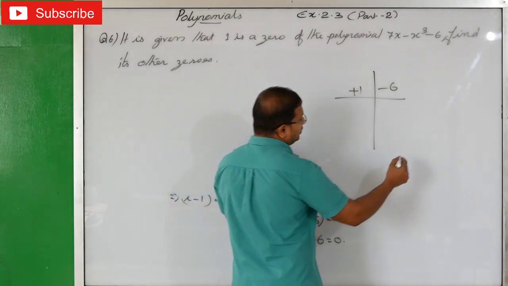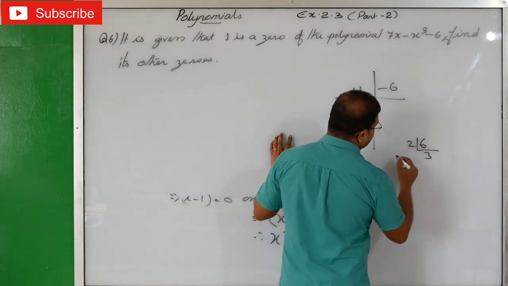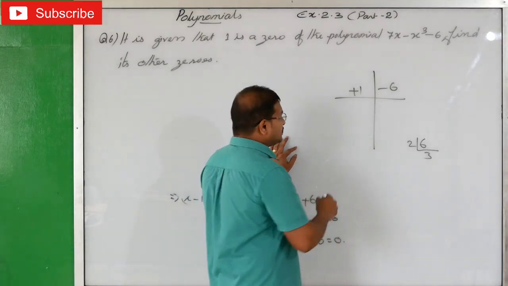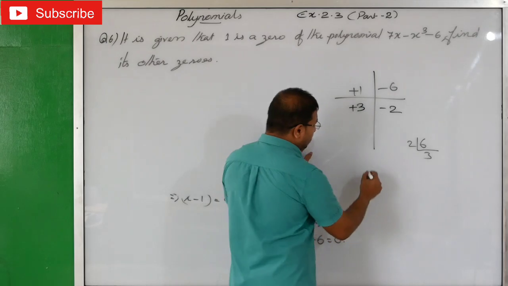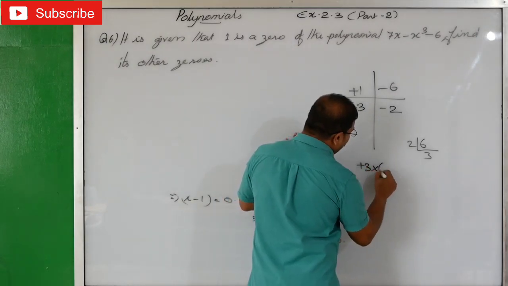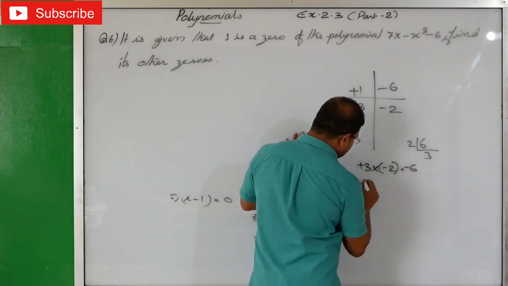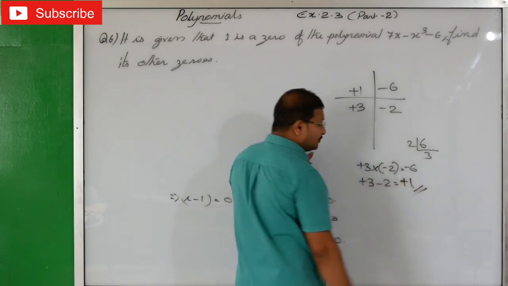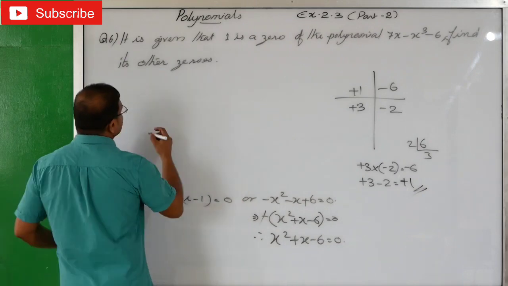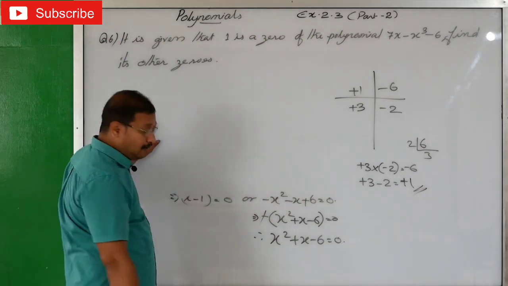So let's see, 2 threes are 6, 3 minus 2 is 1. That means we will take plus 3 and minus 2. Can you understand? Plus 3 into minus 2 gives minus 6. Plus 3 minus 2 gives plus 1. Isn't it? So the numbers are plus 3 and minus 2.